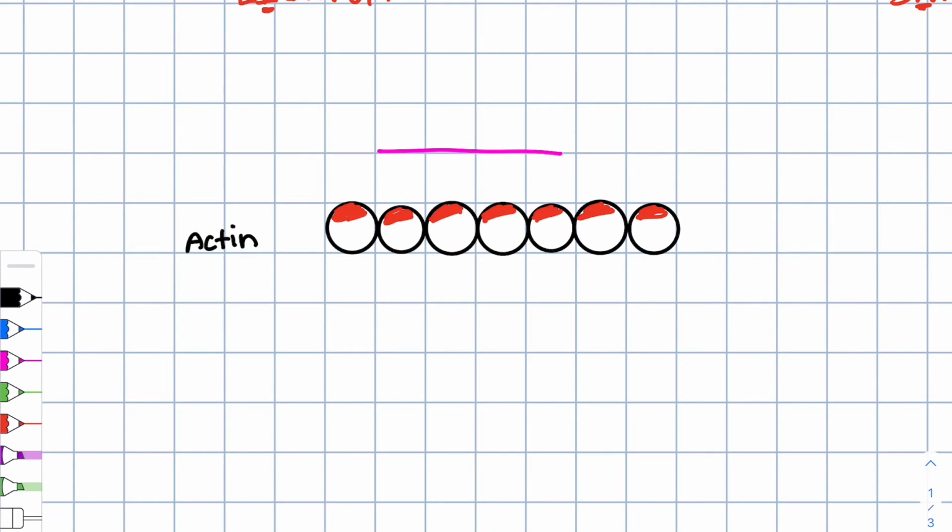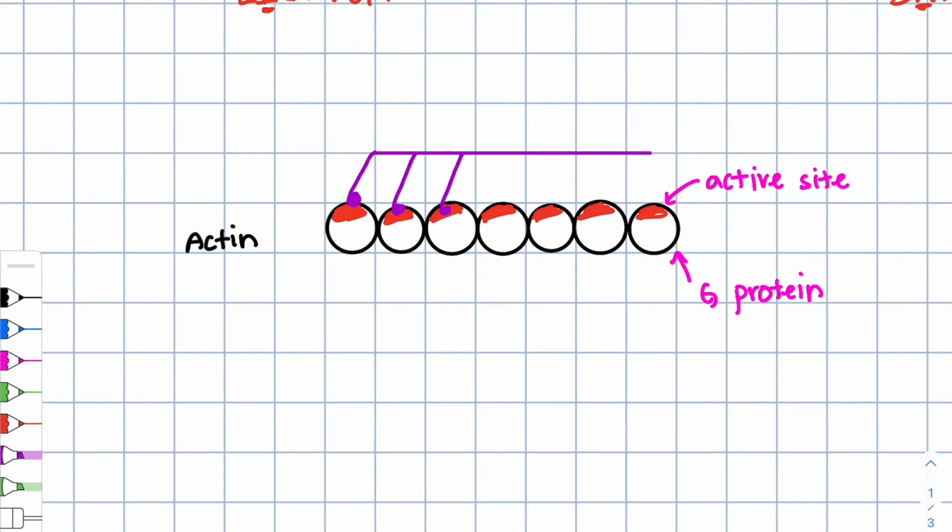These are called G proteins. Now, each G protein is going to have an active site. And this active site of the G protein is going to allow for the myosin head to interlock right there, okay?